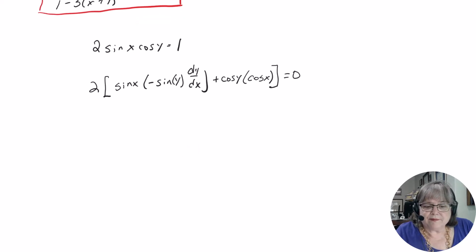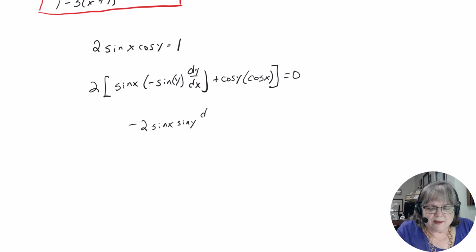All right? Okay, so then we have minus 2 sine x sine y dy dx plus 2 cosine x cosine y. I just put them in alphabetical order.